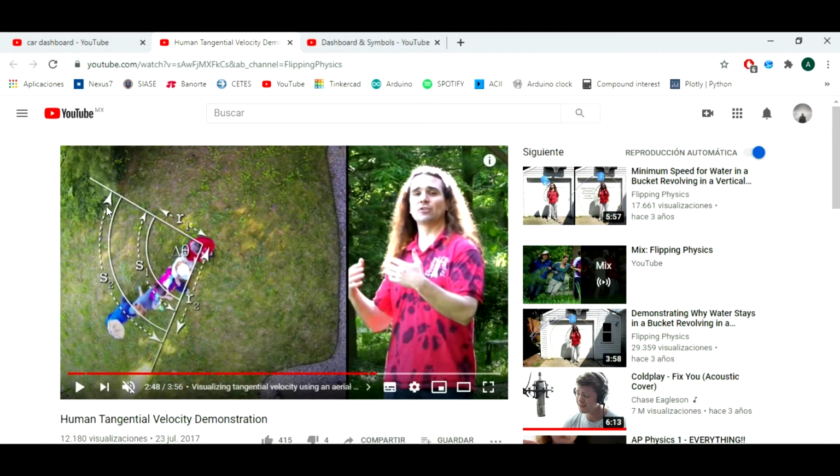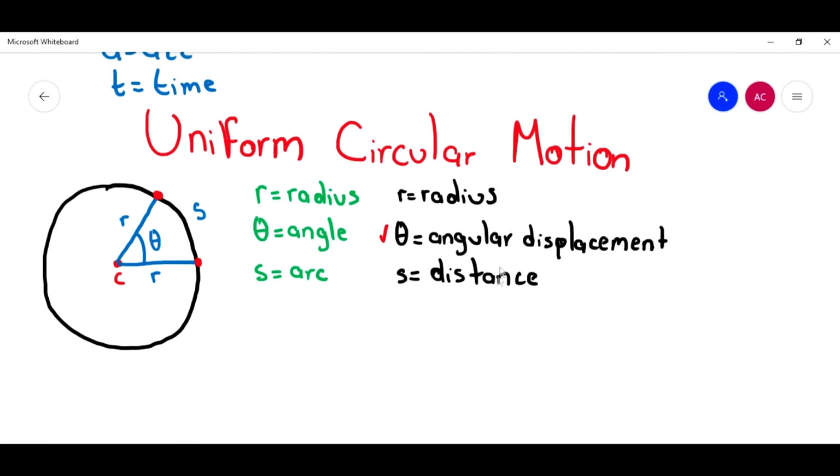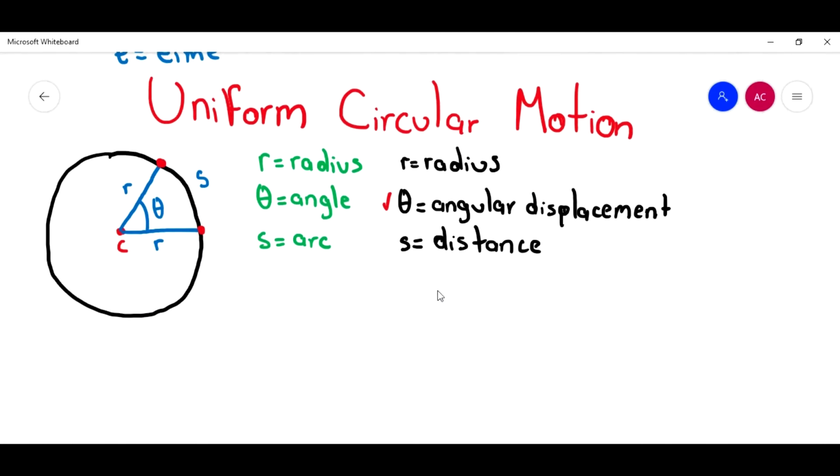Let's say it could be 30 degrees. All these people travel 30 degrees. That is the angular displacement, which is very different from distance. Let's write the formula: angular displacement equals the distance over the radius.